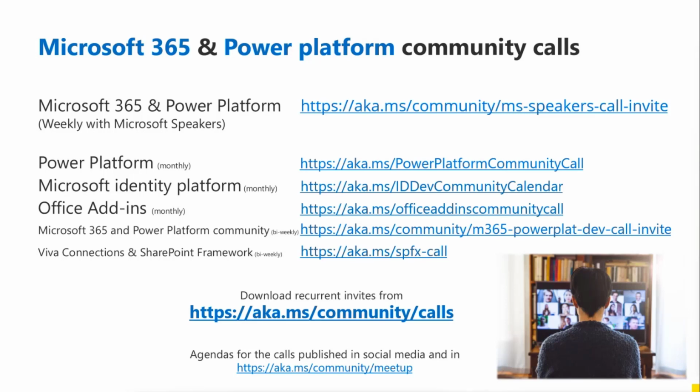That happens next week. We've got some wonderful presenters in store: the Identity Platform, Office add-ins, and then, of course, our bi-weekly M365 and Power Platform community call, which you are on right now. And next week will be the VP Connection SharePoint Framework. You can get access to all these calls at aka.ms/community/calls. Get them on your calendar. You can download them. You can watch the previous ones if you missed them. They are worth the investment, I promise.